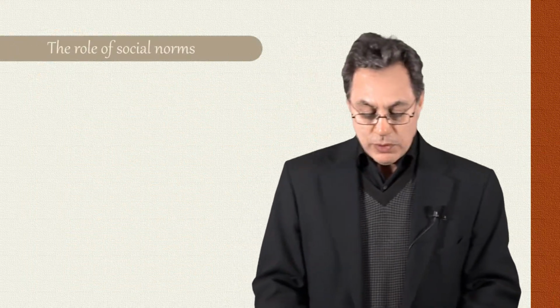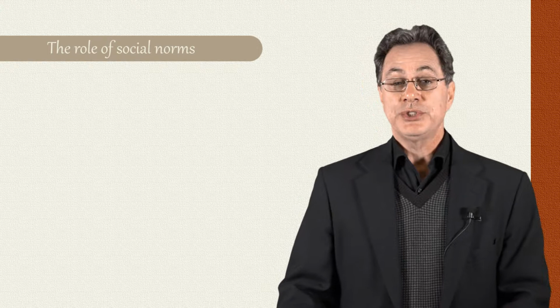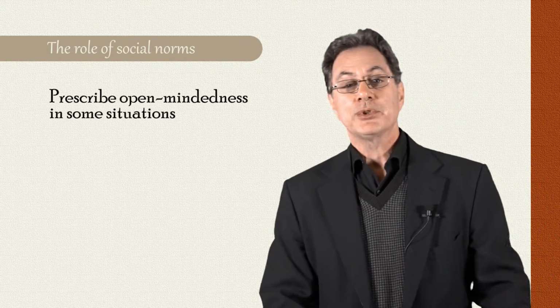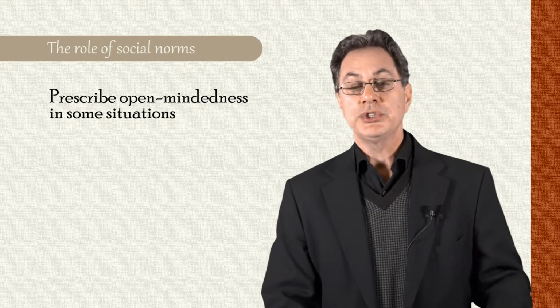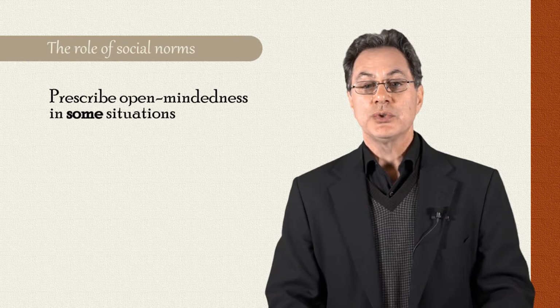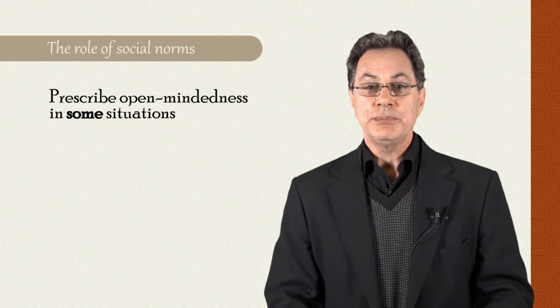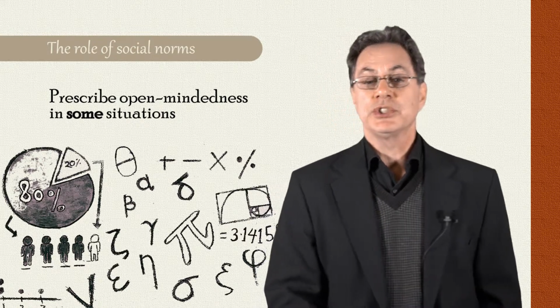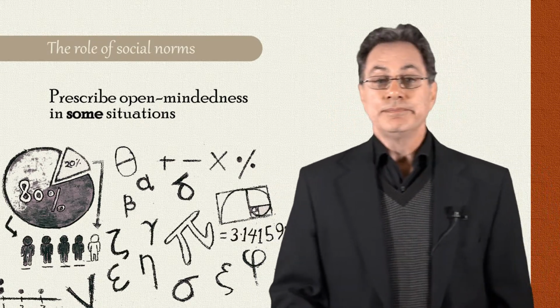According to what I should say the flexible merit standard model, social norms do not prescribe open-mindedness in all situations. Open-mindedness is perceived as virtuous or socially desirable in some situations. For example, if you're listening to educational experts discuss a new math program.